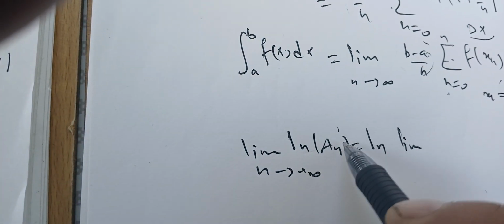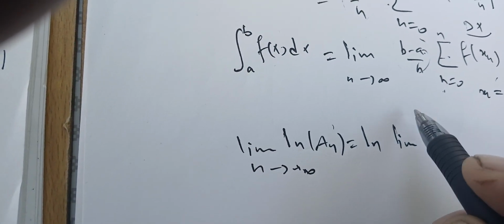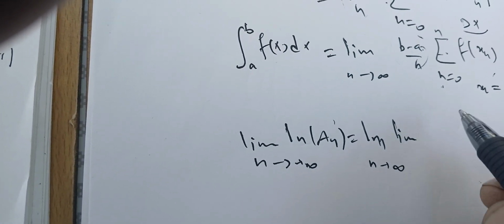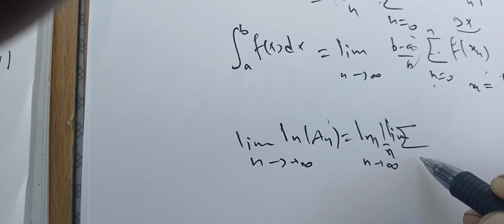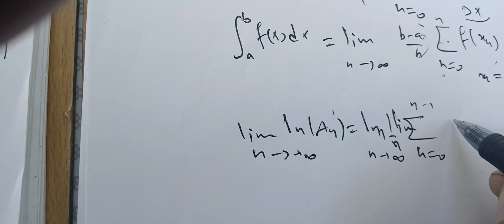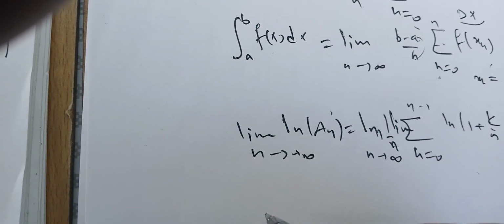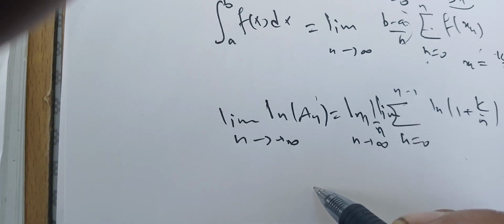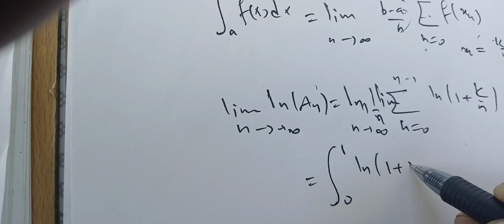So we have the log of a_n, and the limit as n goes to infinity of 1/n times the sum, k from 0 to n - 1, of ln(1 + k/n). If we think of k/n as x, this becomes the integral between 0 and 1 of ln(1 + x) dx.